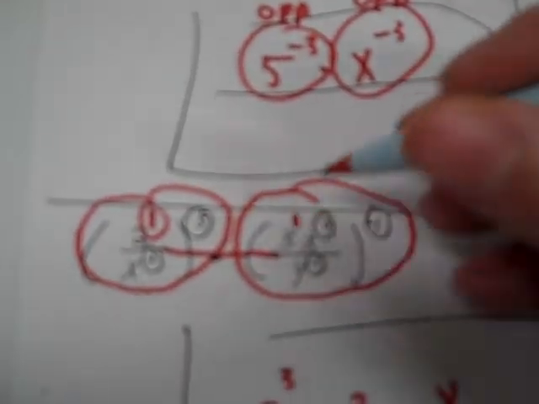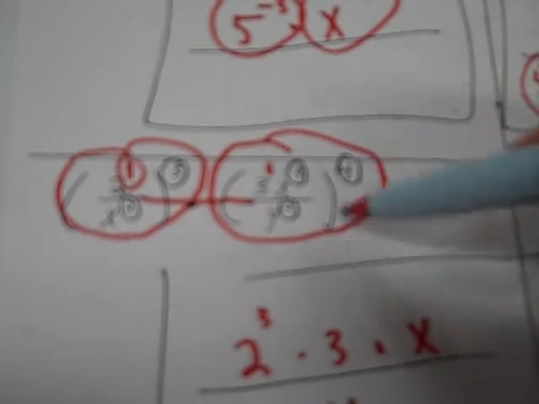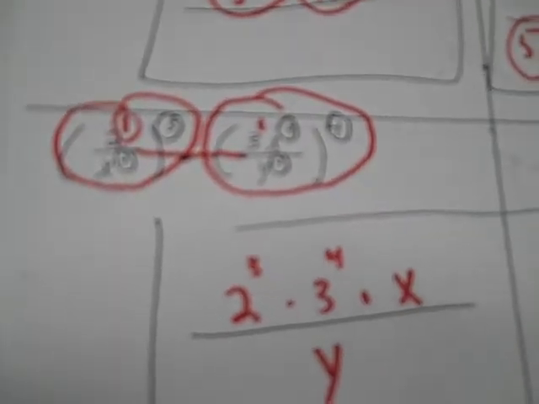Okay, now 2. 2 is to the 1, but that's in the parentheses, so 1 times 3 is 3, and we have 2 to the 3rd power. Now 3 is to the 1, that's also in a parentheses with a 4, so 1 times 4 is 4, 3 to the 4th. Now X, there's two different X variables. Here's the first one.